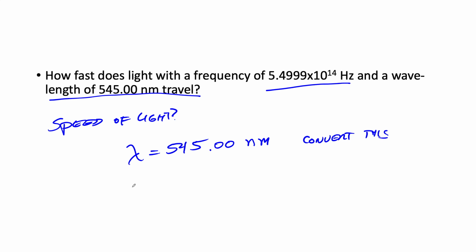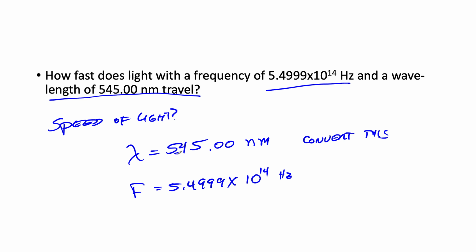And the frequency is 5.4999 times 10 to the 14th, and hertz is in the right unit. So we're going to put this all together. c is equal to, I'm going to go back with wavelength of light. We've got 545 nanometers.